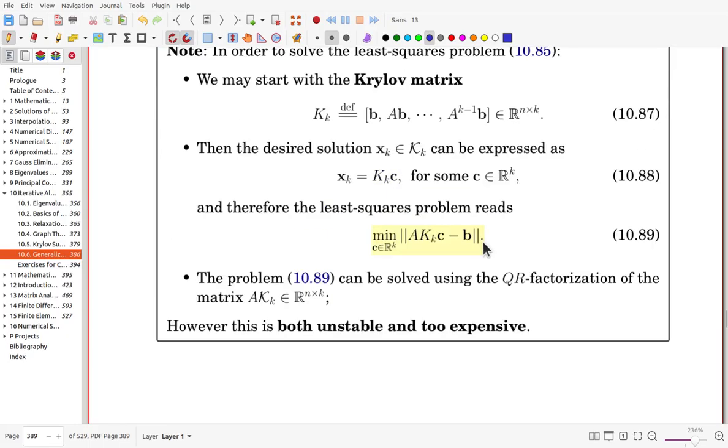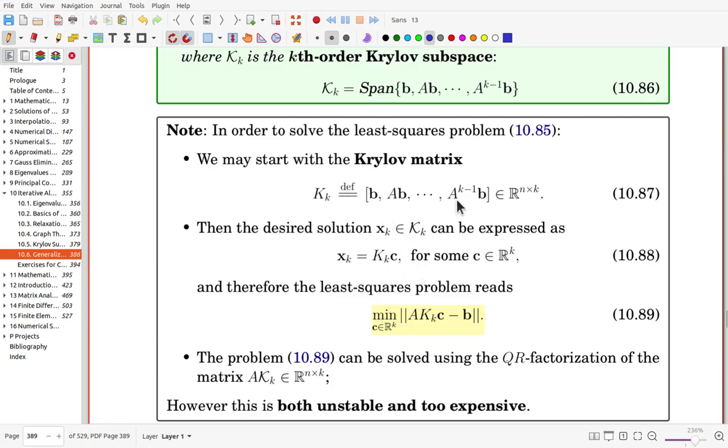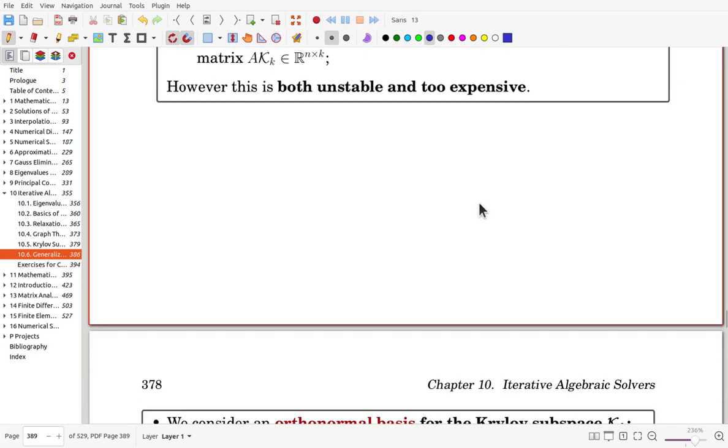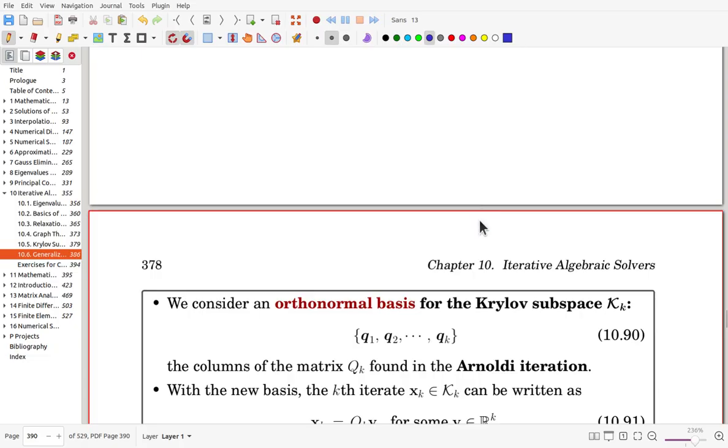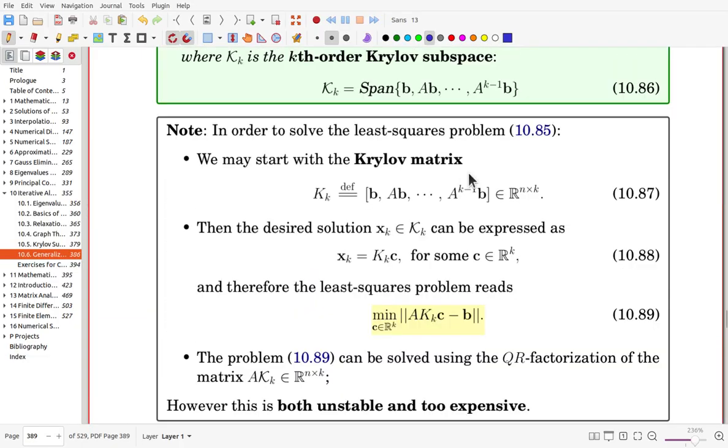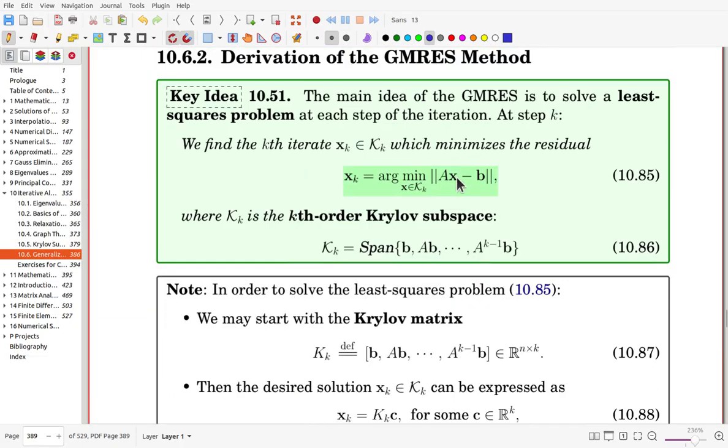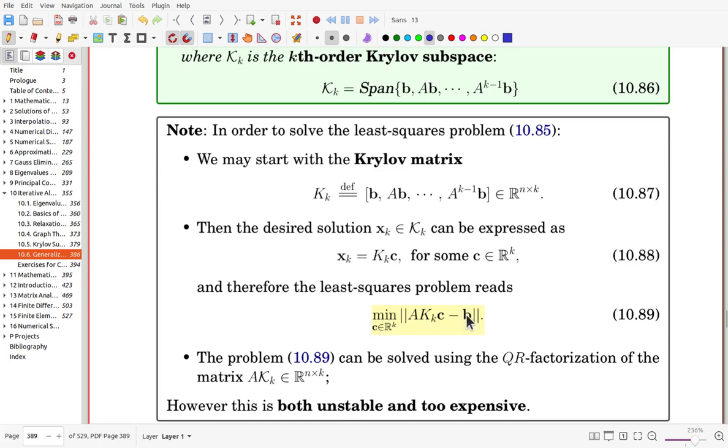Rather than using this basis, this matrix, we may try to use the basis from the Arnoldi iteration. It's another approach to solve that problem. If we try to do it conventionally, then it's not stable, and also it can be expensive.